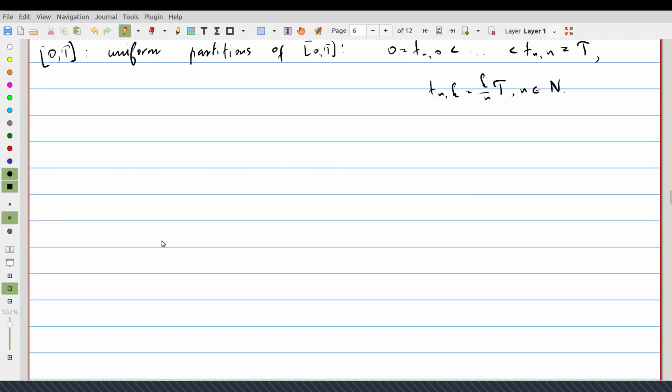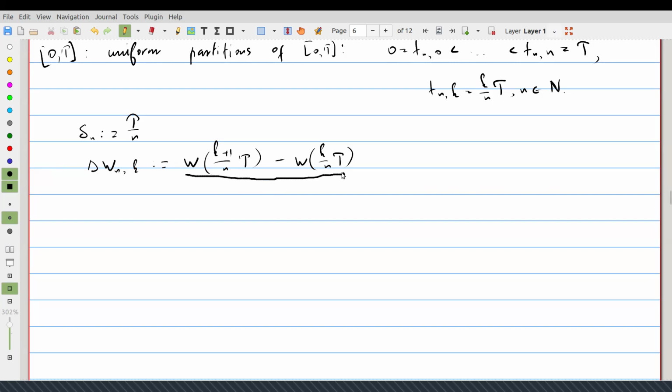And we define the Euler-Maruyama scheme as follows. Let's introduce delta_n, the size of the partition at step n, and delta W_k is the difference of the values of the Brownian motion. Now, in practice, obviously, we are not having a Brownian motion. These are just Gaussian independent variables.